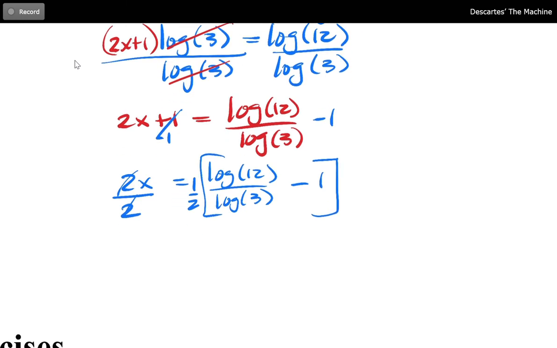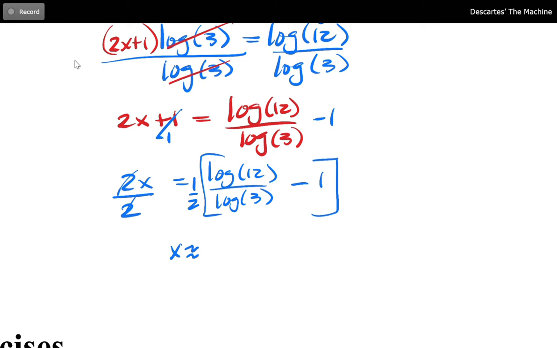And then I can say in the end, x is approximately equal to, and I'll do this one step at a time. I'll do log of 12, close the parenthesis, divided by log of 3, close the parenthesis, equals, and I get 2.2618595.